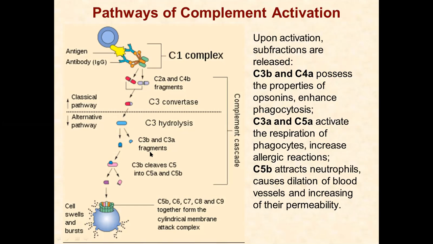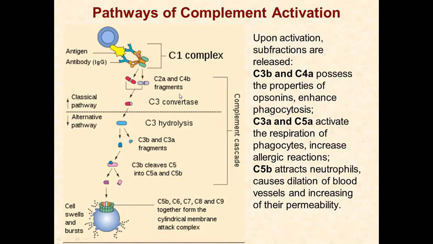And then terminal fractions from 5 to 9 bind together and form the membrane attacking complex, large pores in the cellular membrane, and cause the lysis of the target cell, a bacterial cell, or any foreign cell.